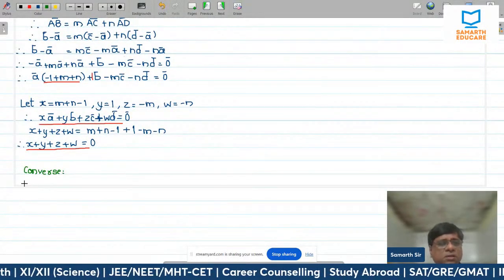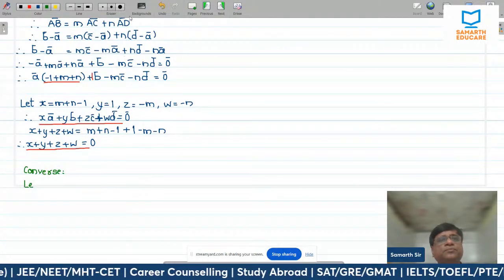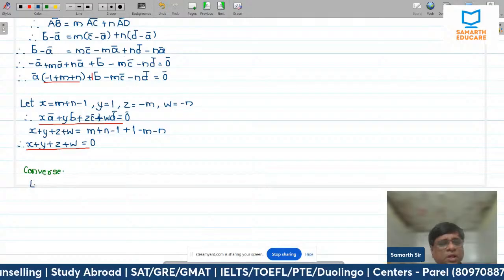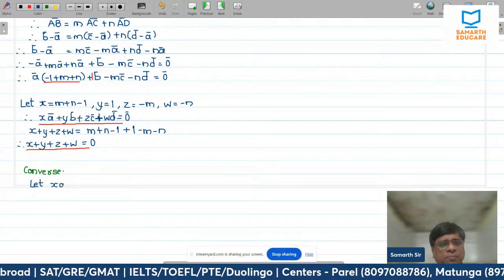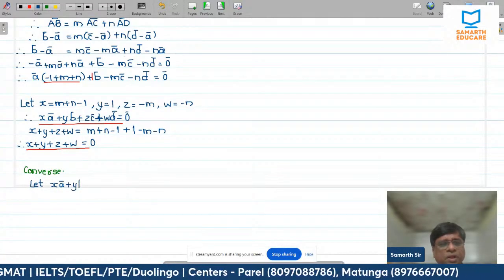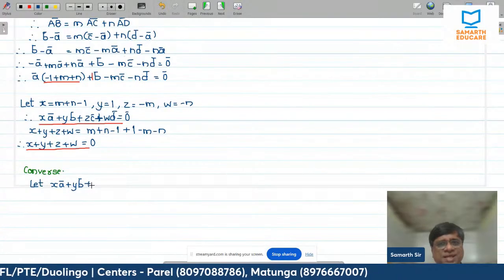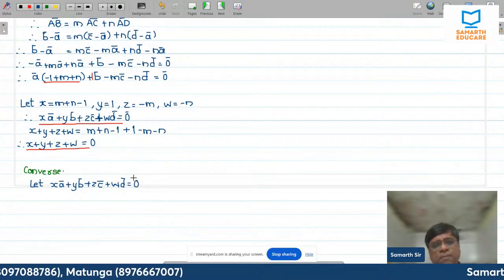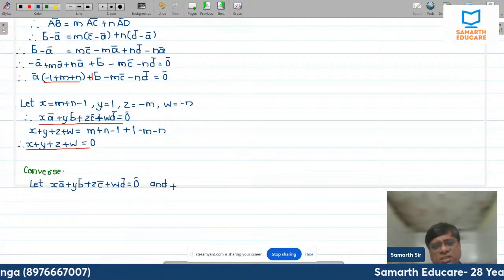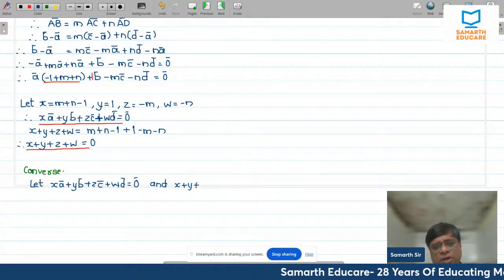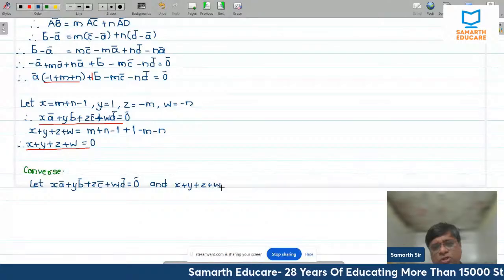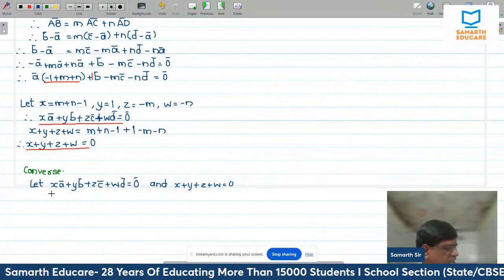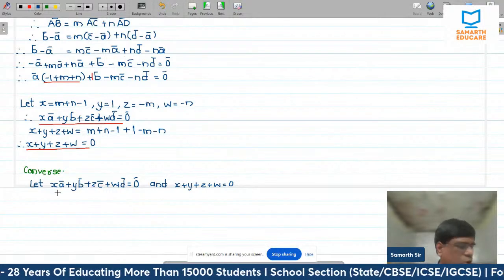One is, let x A bar plus y b bar plus z c bar plus w d bar is equal to 0 bar, and x plus y plus z plus w is equal to 0. We already know that x, y, z and w are not all 0.